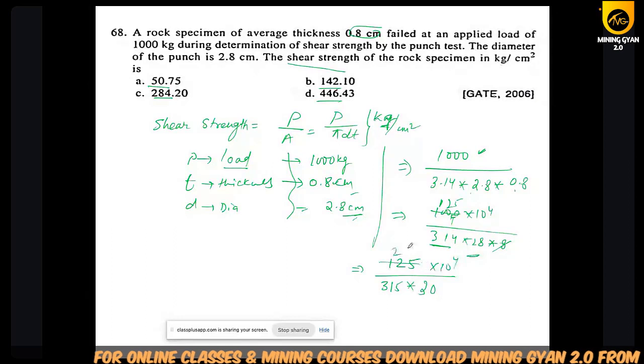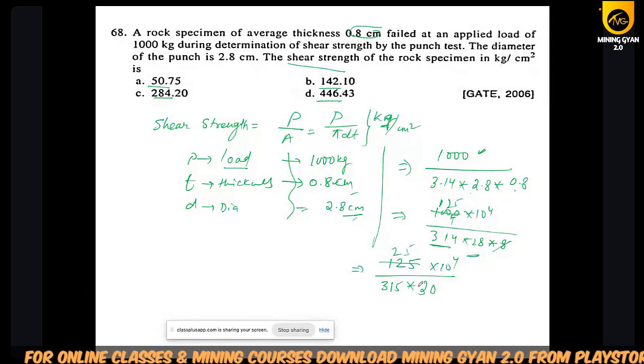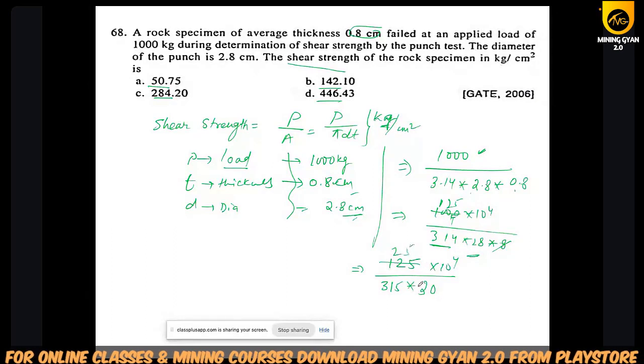So 5 2 10, 5 25, 5 6 30. Now you take 5, 5 6 30, 5 3 15. So now the value becomes 100 divided by 63. It will become 63 and 7, and it will become 9 to 3.0.